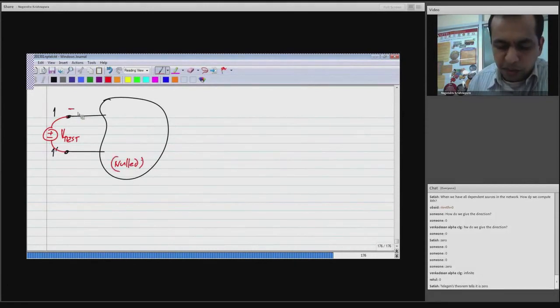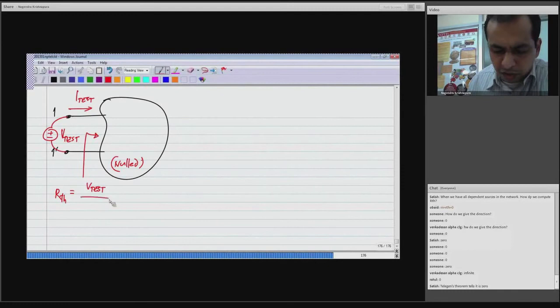All the independent sources will be nulled. And you find I test. Because you have a single independent source V test, this I test will be proportional to V test. So the Thevenin resistance will be V test by I test.